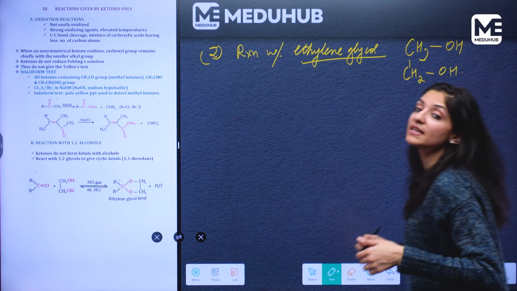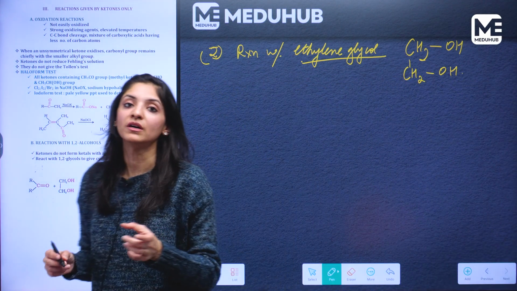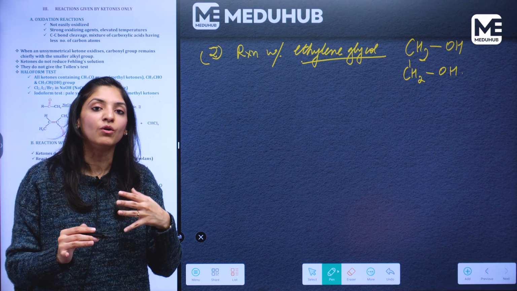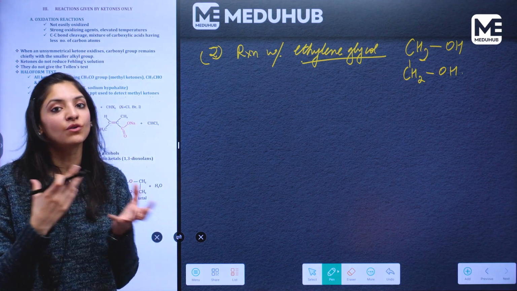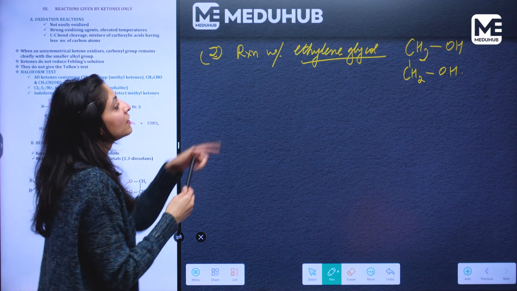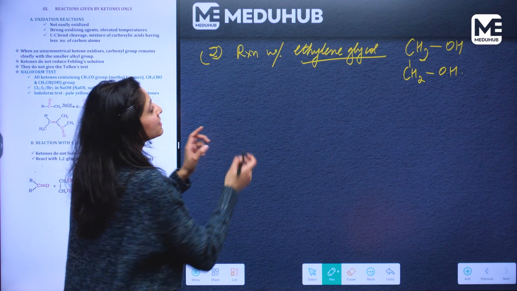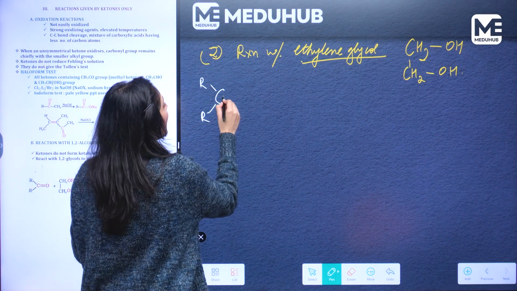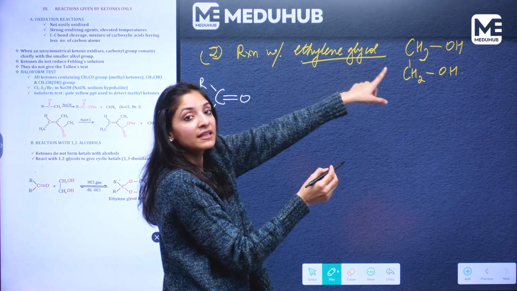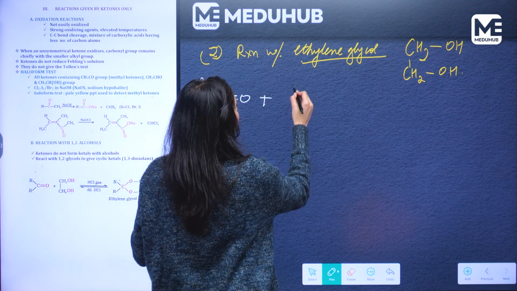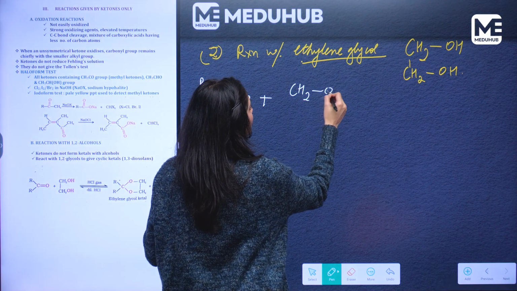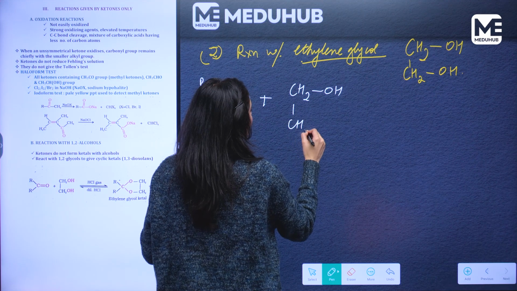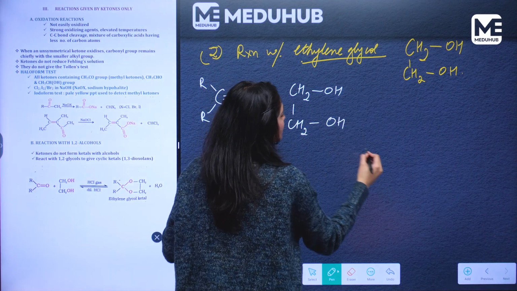So ketones, like aldehydes, do not add on a molecule of alcohol to give us hemiacetals or acetals. But in the presence of an acid, a ketone adds on a molecule of ethylene glycol to give a cyclic ketal.